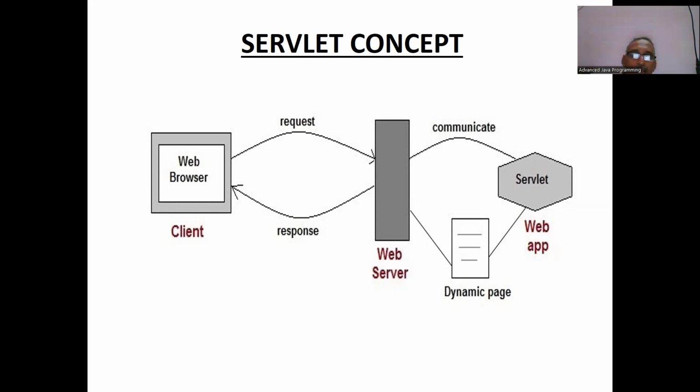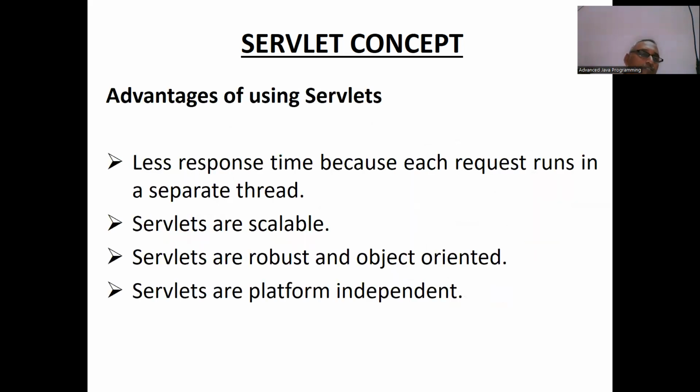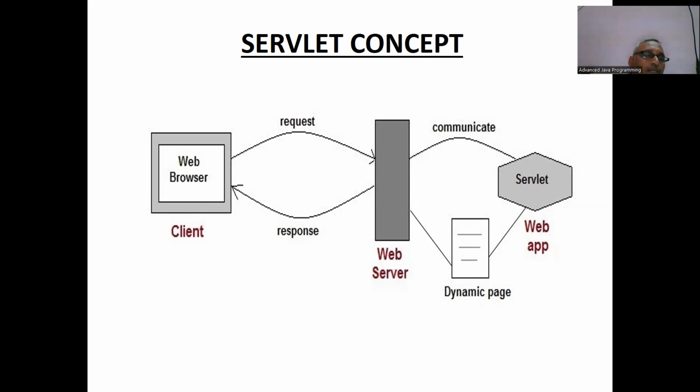CGI is the Common Gateway Interface. Before servlets, CGI programming was used to create web applications. Here is how a CGI program works. The user clicks a link that has a URL for dynamic pages instead of a static page.